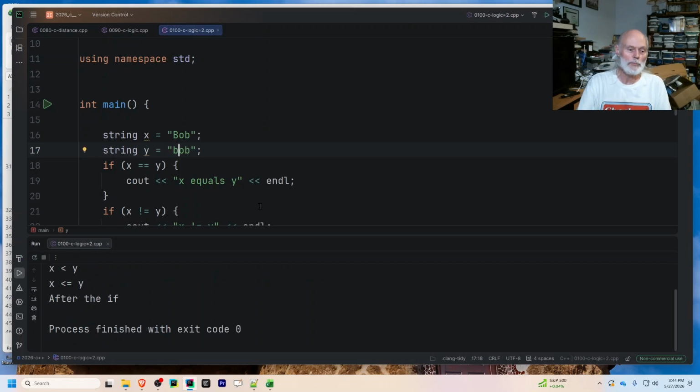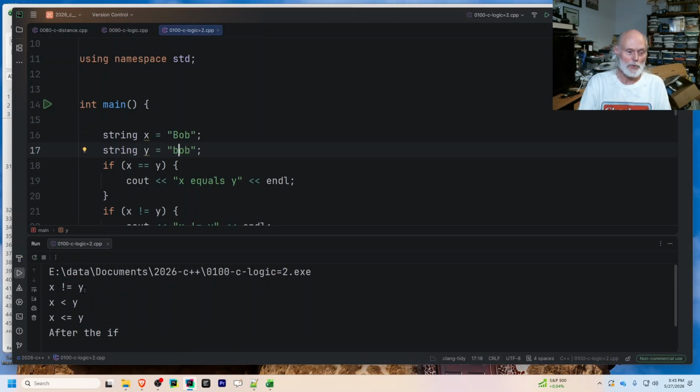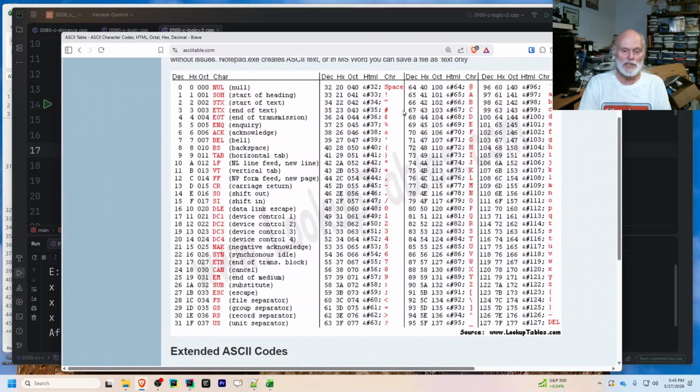They're not equal because one's upper and one's lowercase. The lowercase Bob is larger or greater than the uppercase because of the ASCII table. The uppercase B was the 66 and the lowercase is a 98.